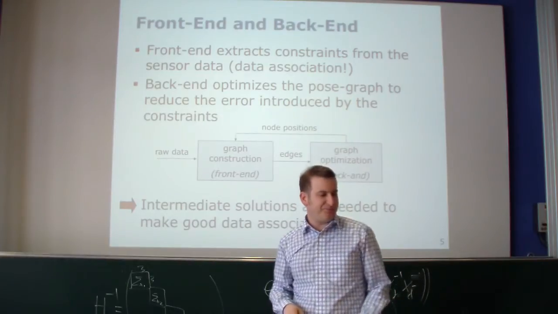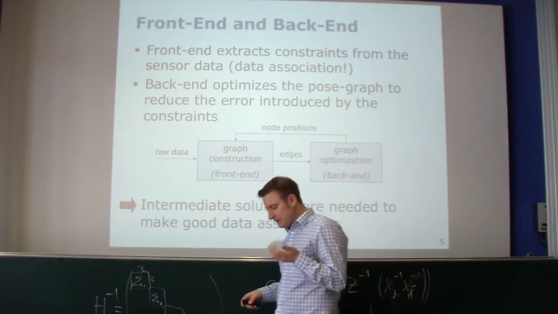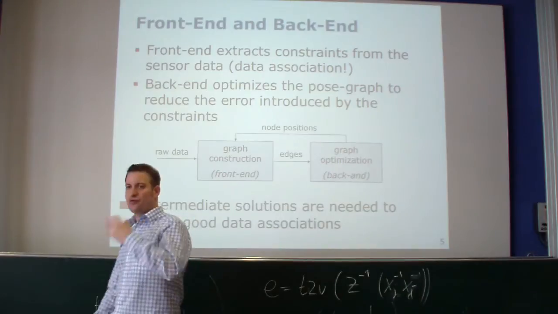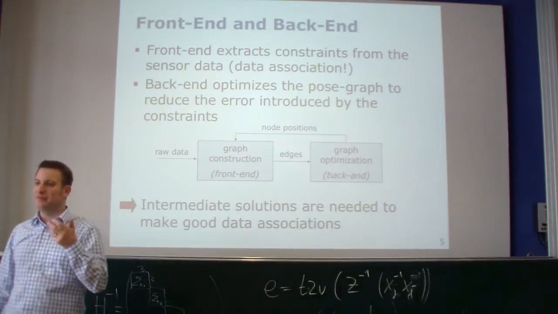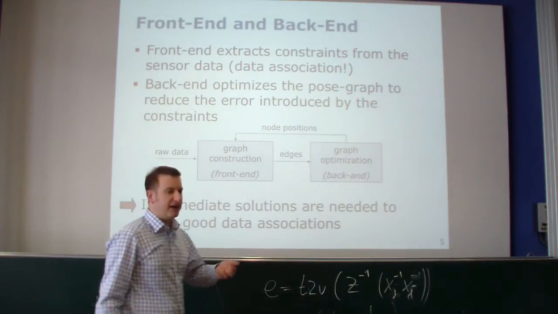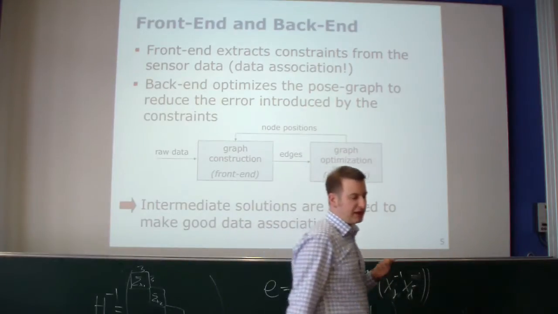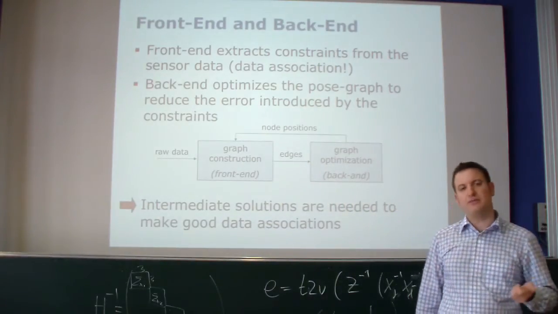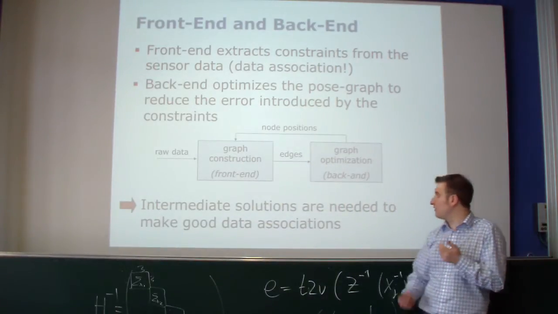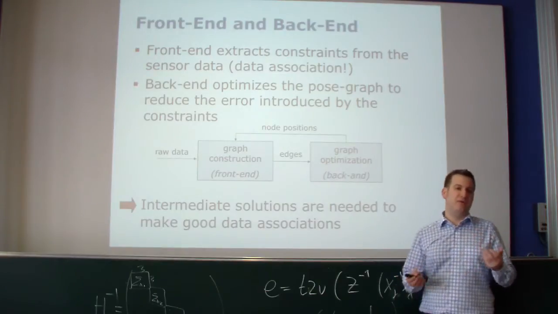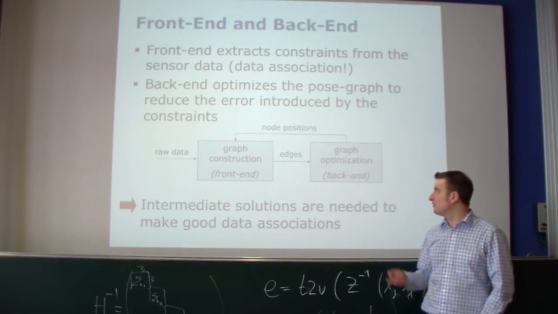And so the front end does data association, so it relates the current observation with the graph we have built so far, and the back end performs the optimization. That means it computes for every point in time, or tries to compute, the best possible node configuration, the best possible graph.